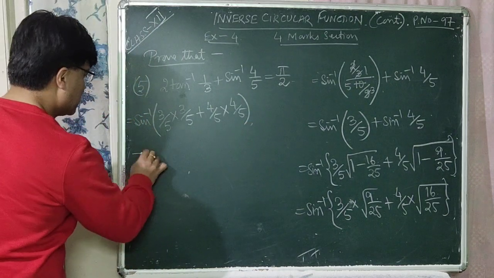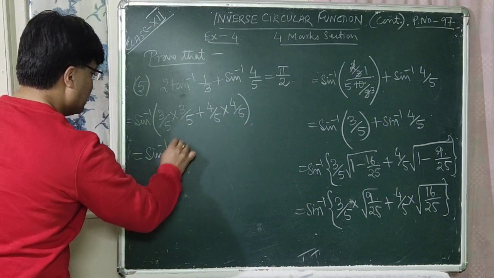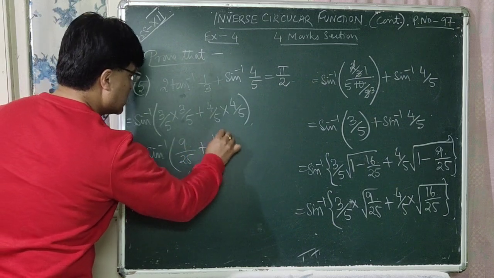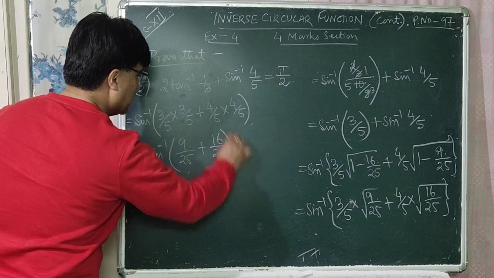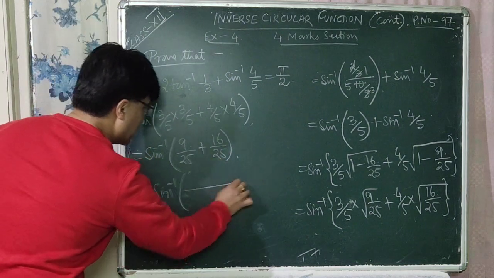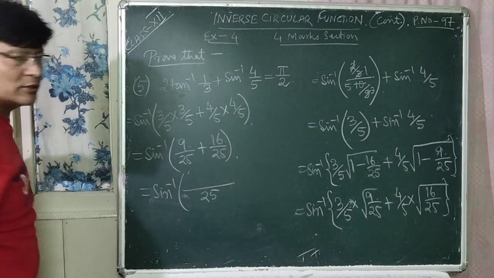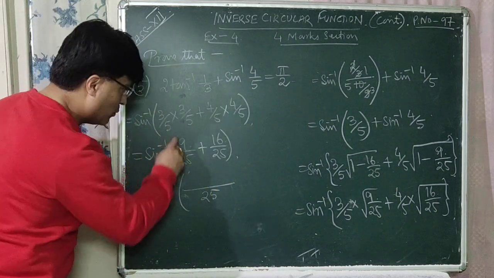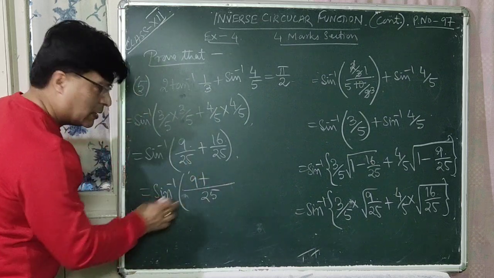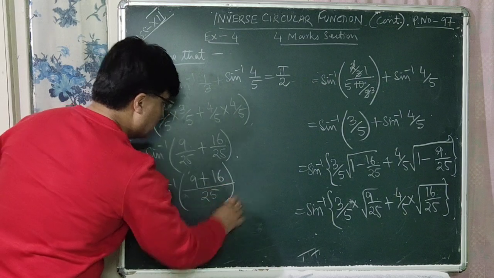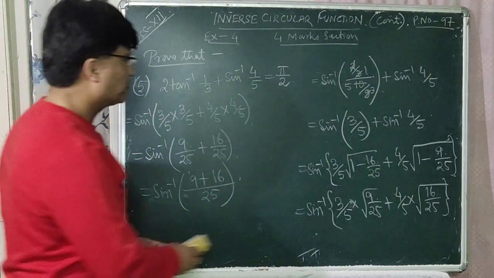So let us simplify it. Sine inverse within bracket, this is 9/25 plus 16/25. Okay? So which is equal to sine inverse within bracket, what's the LCM? It is 25. This 25 is divided by 25. That is 1. 1 9s are 9 plus, again 25 is divided by 25. That is 1. Again 16 ones are 16. Right?